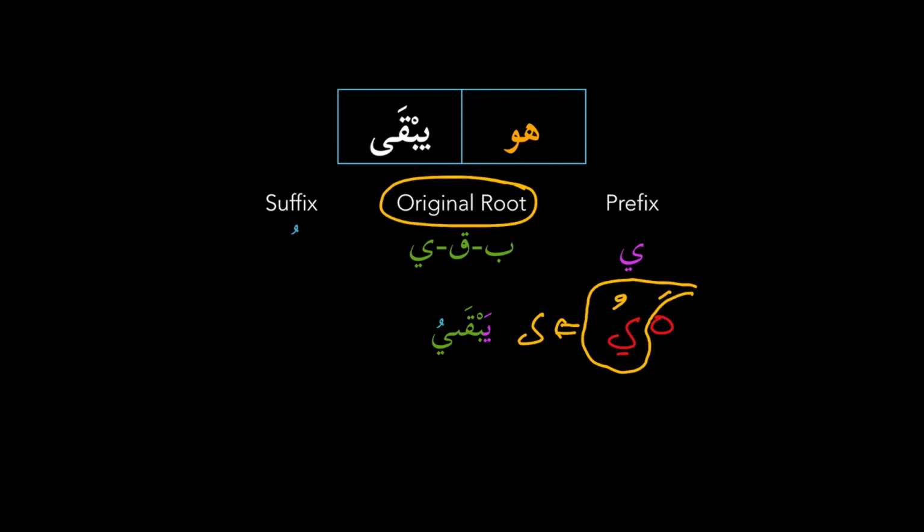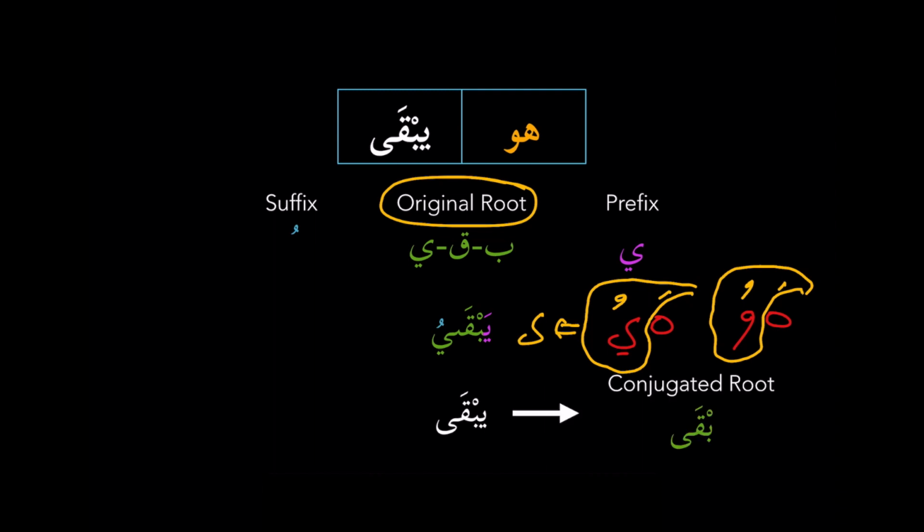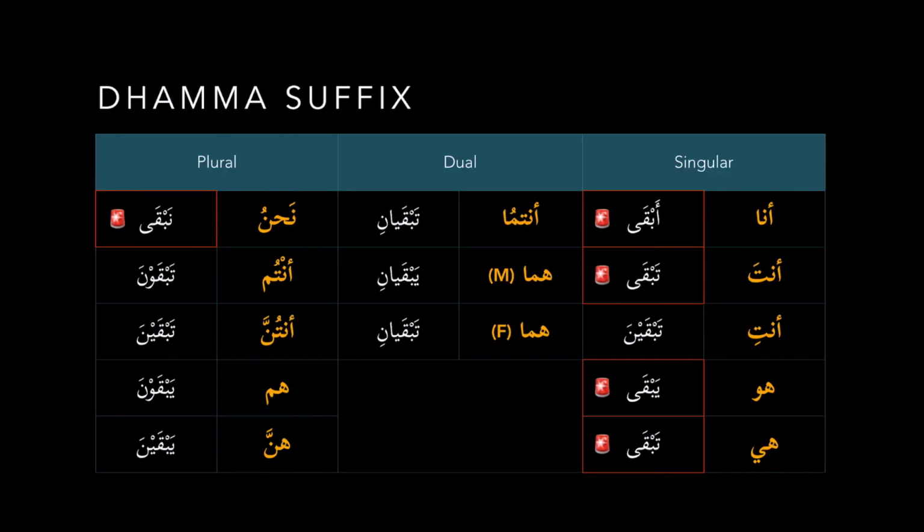The same thing would have happened if we had a final wow with the fatha wow dhamma. This pattern as well leads to an alif maqsura, which is how we get huwa yabqa. And from here on out, we'll recognize the conjugated root as ba qaf alif maqsura. So notice that all the pronouns that had a dhamma suffix have this alif maqsura.